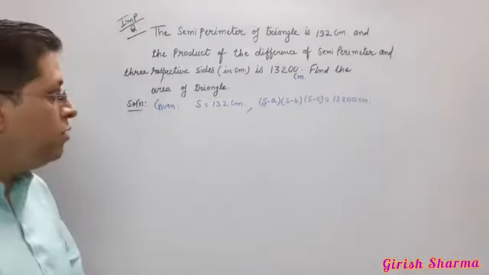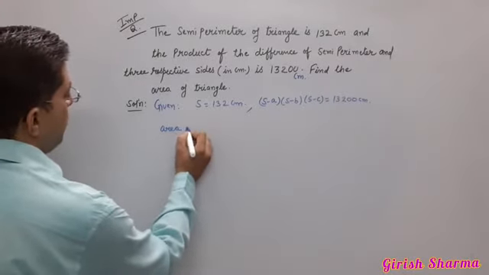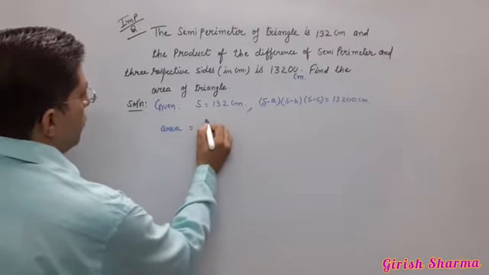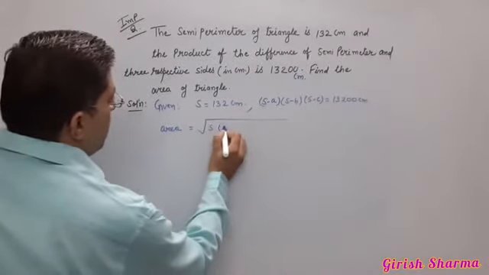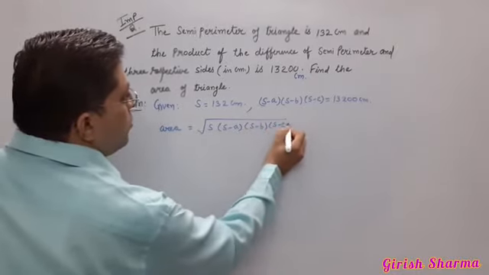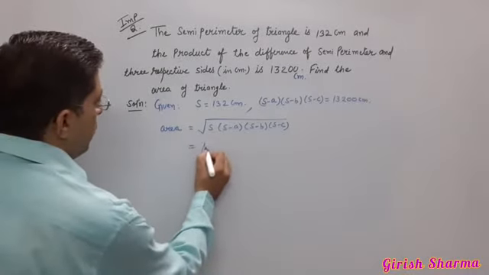Okay, and what is the area of the triangle? It is very easy. We know Heron's formula, that area is equal to under root S into S minus a, S minus b and S minus c. Directly you have to put the values and get the answer. What is S?